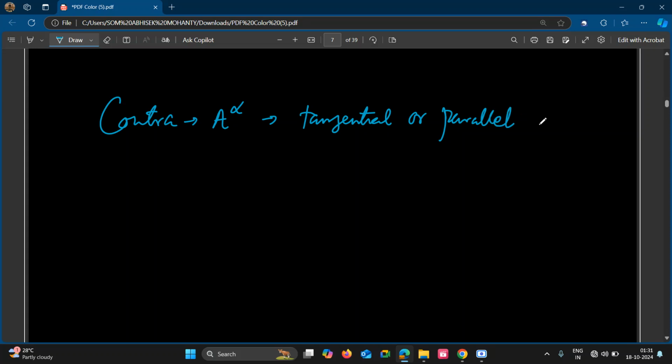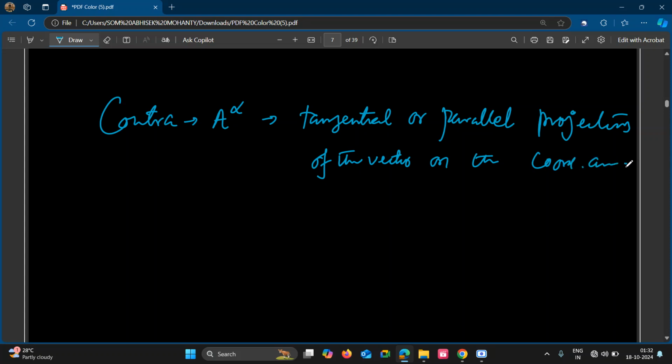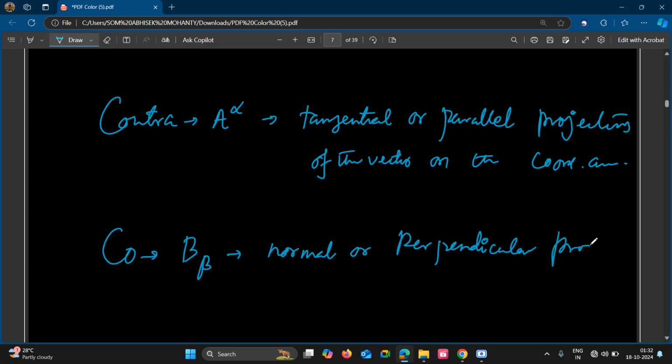And the covector, that is your b beta, can be written as normal or perpendicular projections of the vector on the coordinate axis, whatever we had written before.